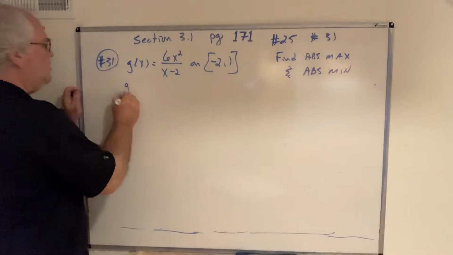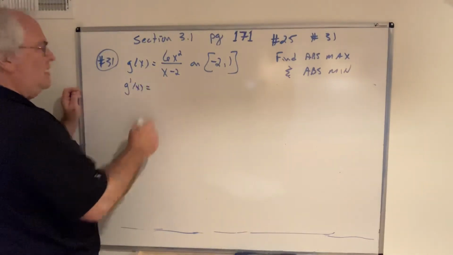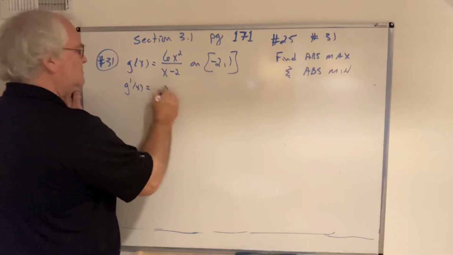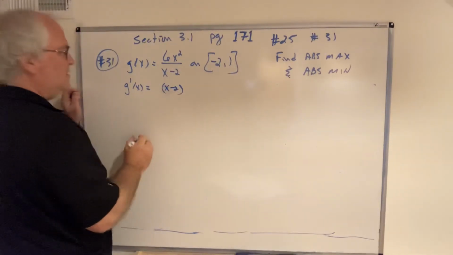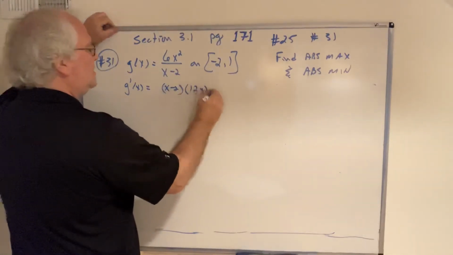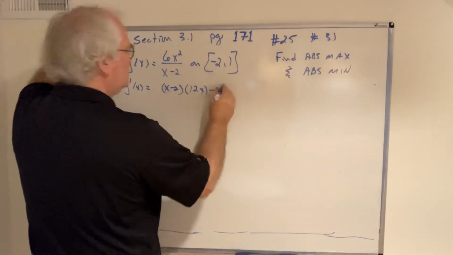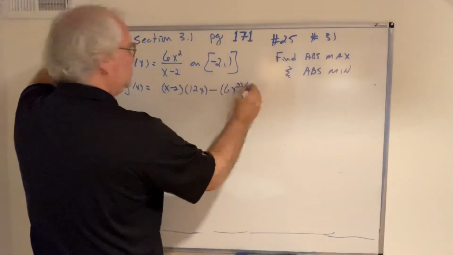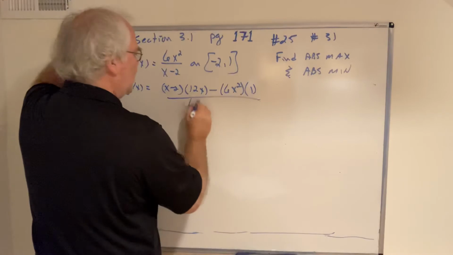So now we need to do the derivative. That's the denominator times the derivative of the numerator, which is 12x, minus the numerator times the derivative of the denominator, which is just 1, all over the denominator squared.